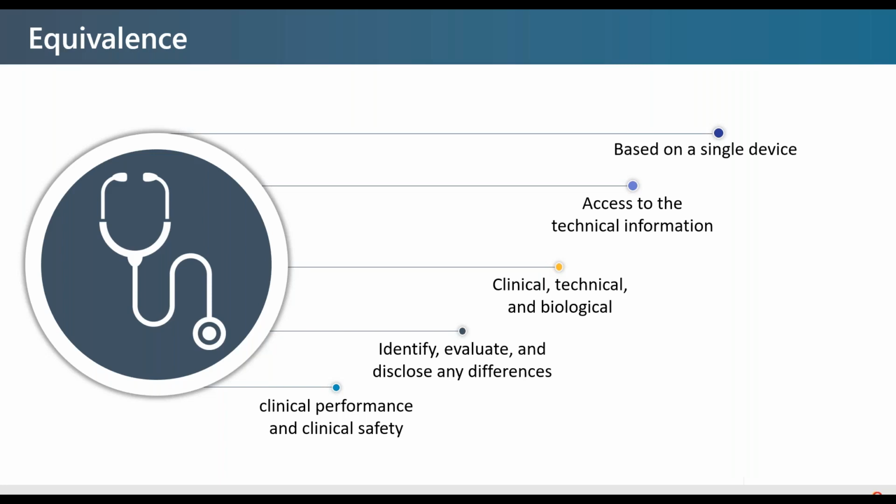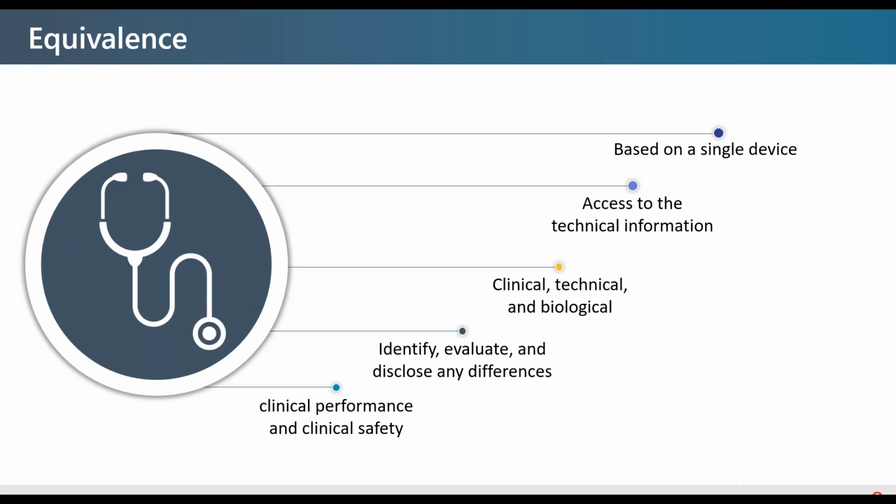In the US, we can use Joe Schmo, our competitor's device, as a predicate device. And historically, we used to be able to do that for Europe as well. But with the MedDev Rev 4, they said we have to have a single device. We have to have access to that technical information.